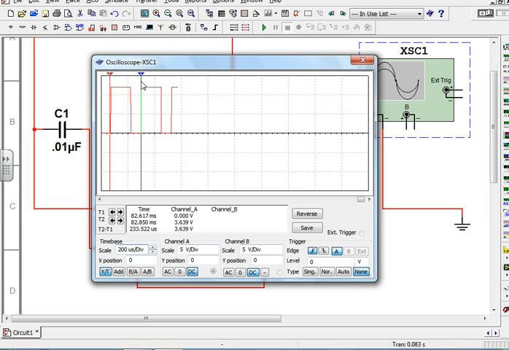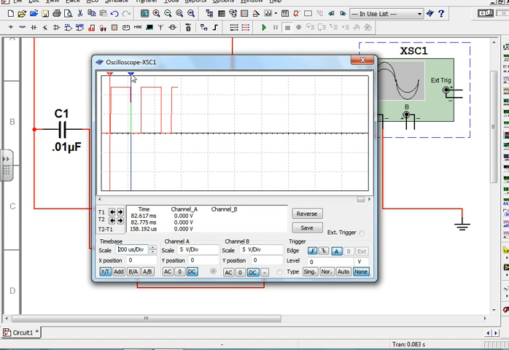And then if I go 330 or 333, I come over here and call that 150. So 158 divided by 233, I get 67%. So my duty cycle's right. My frequency is about right.